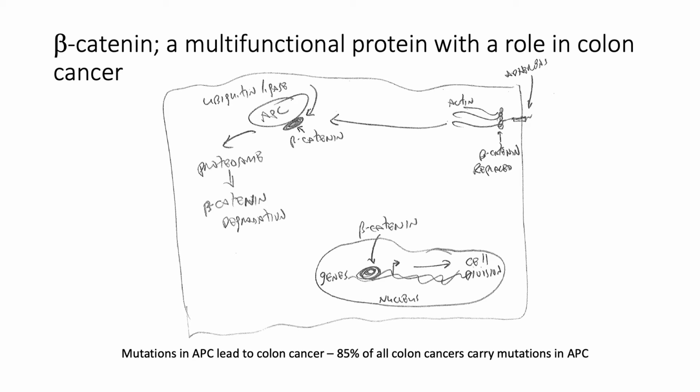So the beta-catenins accumulate in the cell, and then some of them get into the nucleus and then activate the genes that are responsible for cell division and cause the cells to divide. So mutations in APC lead to colon cancer because they allow the beta-catenin to inappropriately activate these genes.